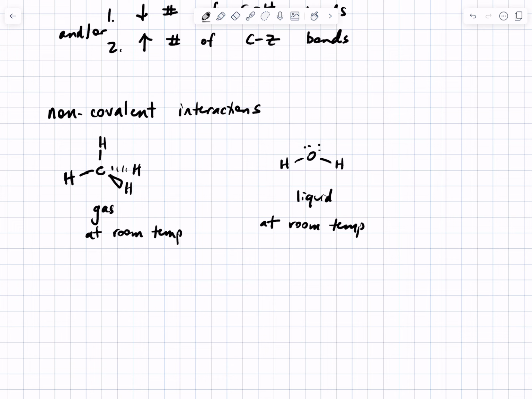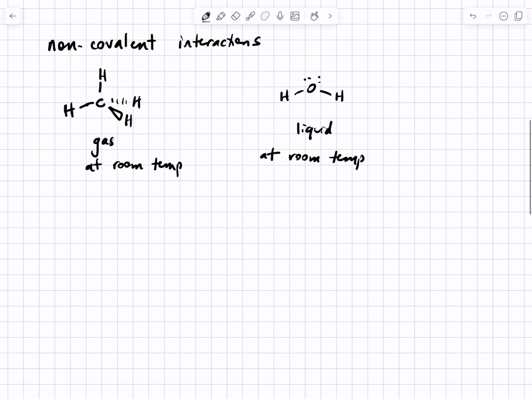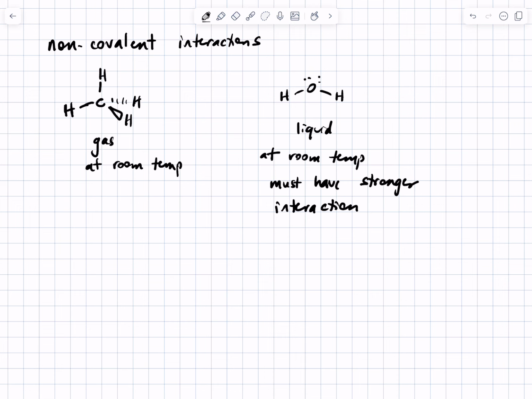Something that's a liquid at room temperature versus something that's a gas at room temperature, the thing that's a liquid must have stronger, what I will call intermolecular interactions. That is, one water molecule must interact more strongly with its neighboring molecules than is the case for methane.